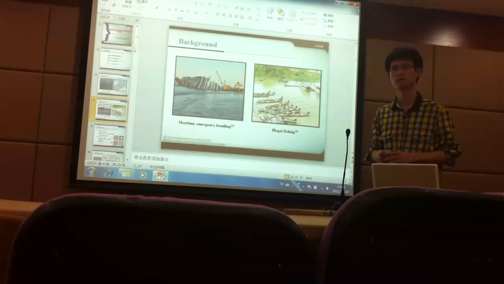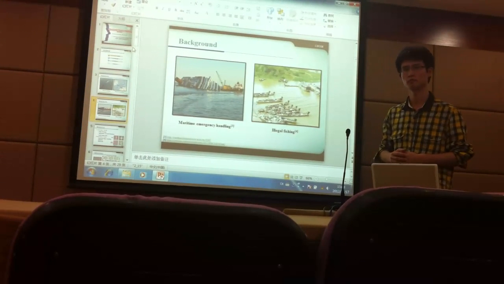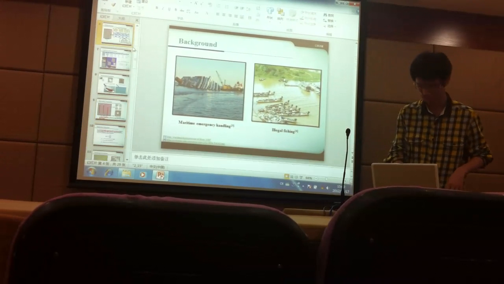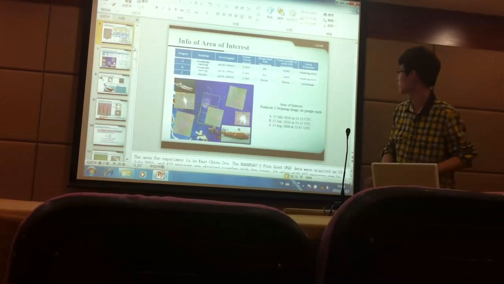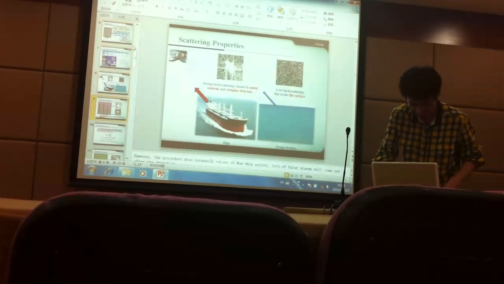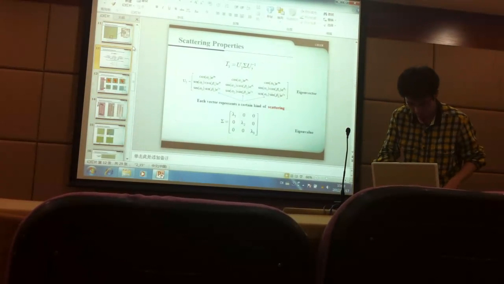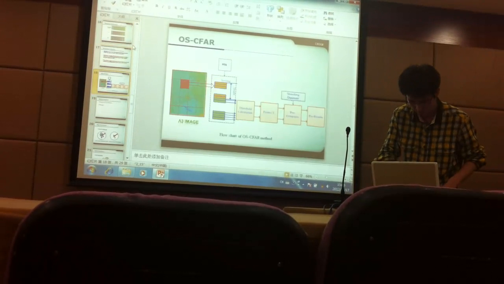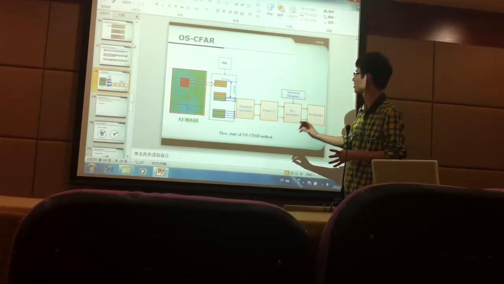Yes, it is RADARSAT-2. And also, how do you choose the threshold? Is it specific to your data? The threshold here is just by sorting.